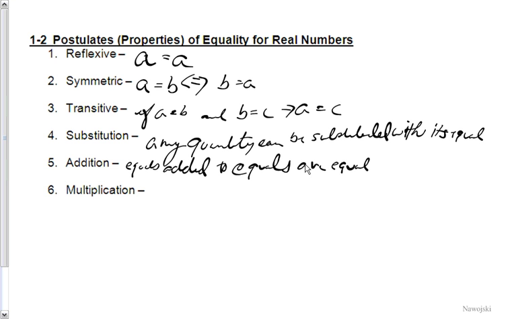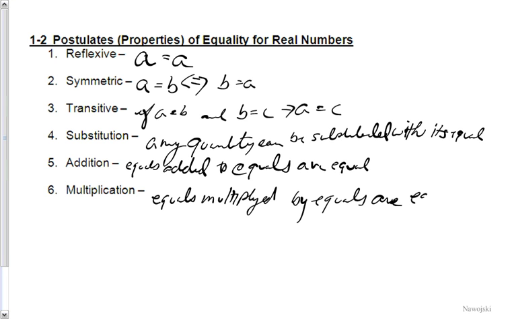The other property we have is the multiplication property, which is equals multiplied by equals are equal. In other words, you can multiply, and again, division, we don't have a property for that because, well, duh, multiplication and division are the same. Division is really just multiplication by the reciprocal.